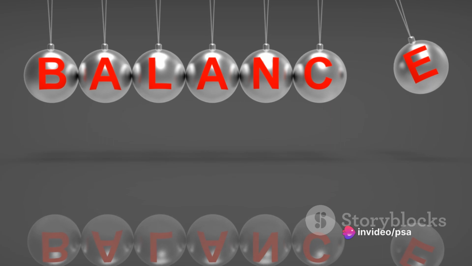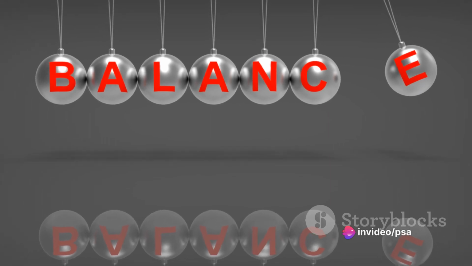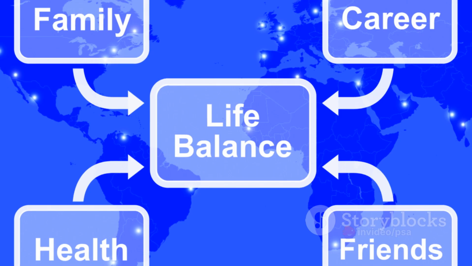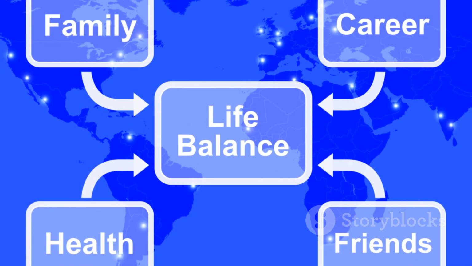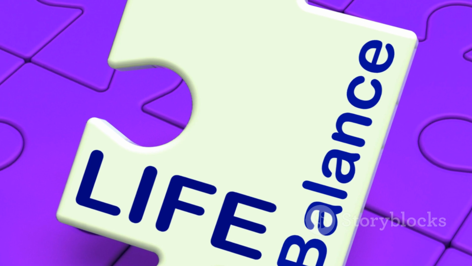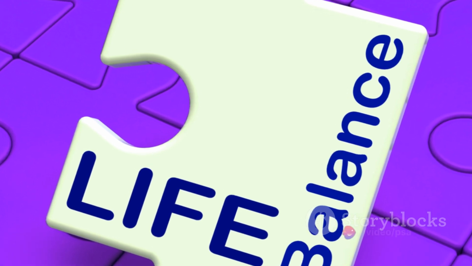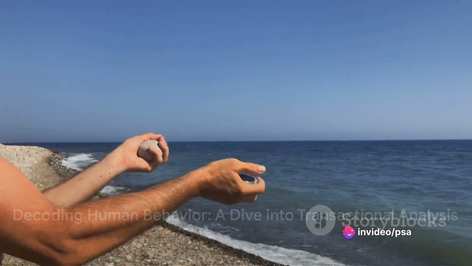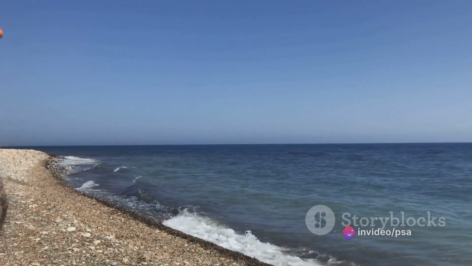It's important to note that no ego state is inherently better or worse than the others. Each has its strengths and potential pitfalls. The goal is not to eradicate any of the states, but to achieve balance and flexibility in using them. Understanding these ego states is the first step towards unraveling the puzzle of human behavior and relationships.